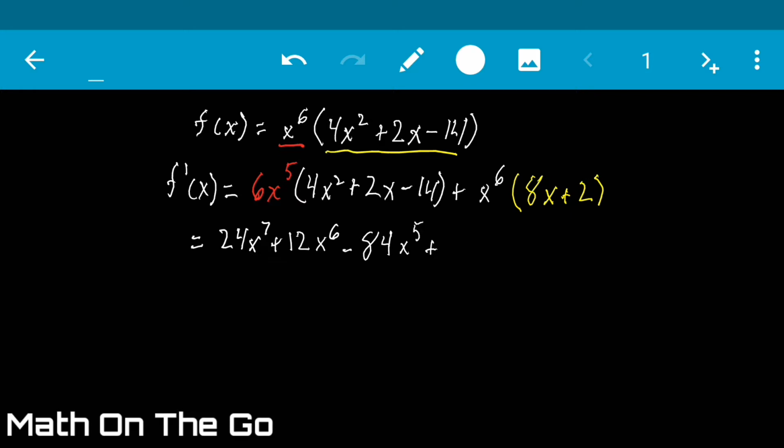So we end up with 8x to the 7 plus 2x to the 6th.